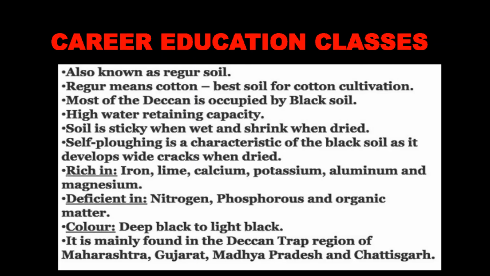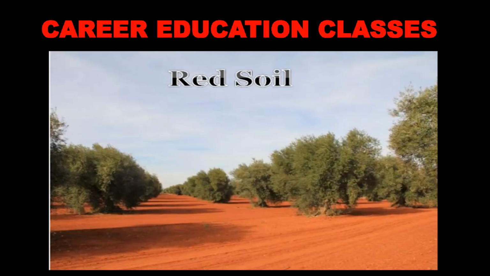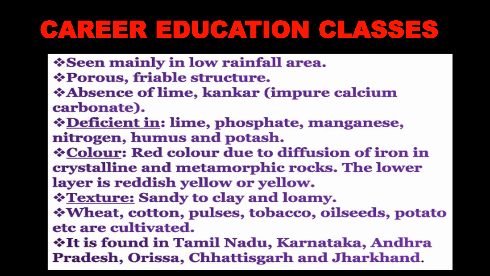Now we move to the other soil, which is called red soil. Red soil is found in low rainfall areas. It is a porous soil, with an absence of lime and kankar, deficient in lime, phosphate, manganese, nitrogen, humus and potash.